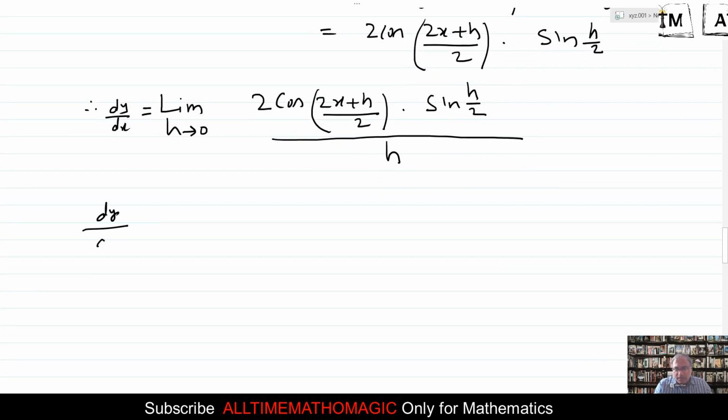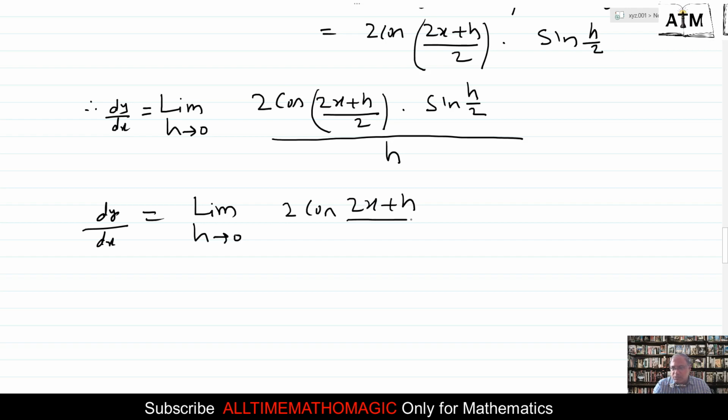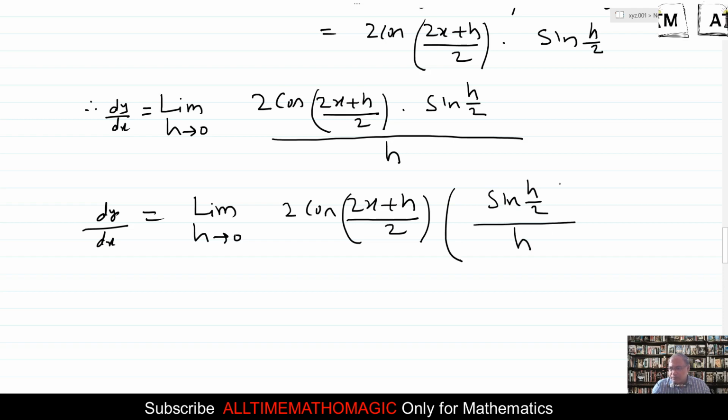So dy by dx equals limit h tending to 0 of 2 cos of (2x plus h) by 2 times sin h by 2 upon h.